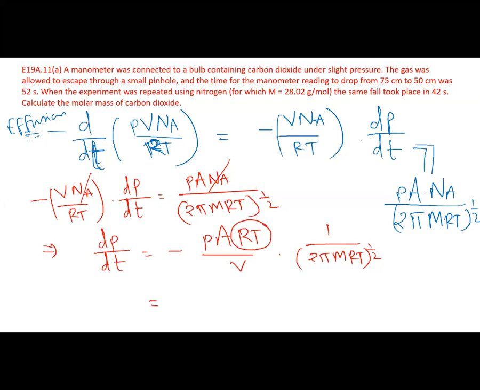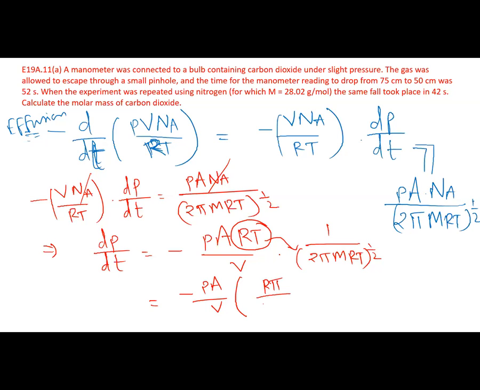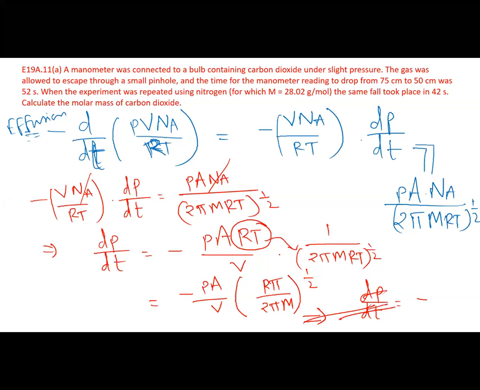Here I can take the RT back into this power half so that the entire equation becomes P A over V times RT over 2 pi m power half. So I can rewrite this again as dP over dt is equal to, well, let's write it in the next slide.